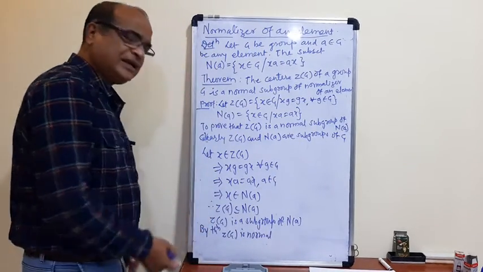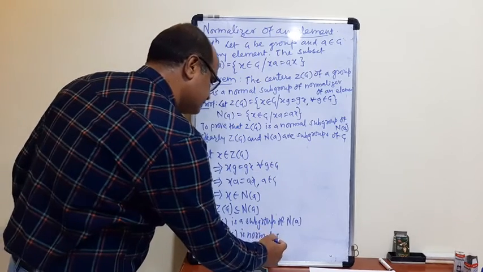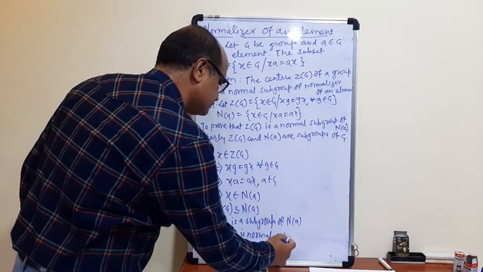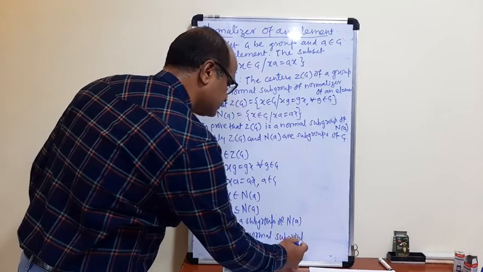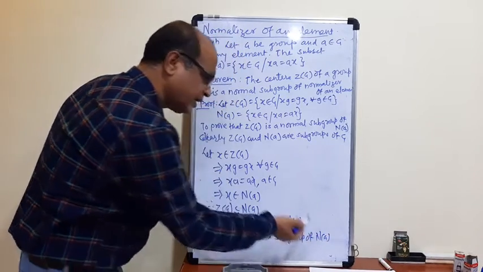But ZG is a normal subgroup, and therefore a normal subgroup of NA.